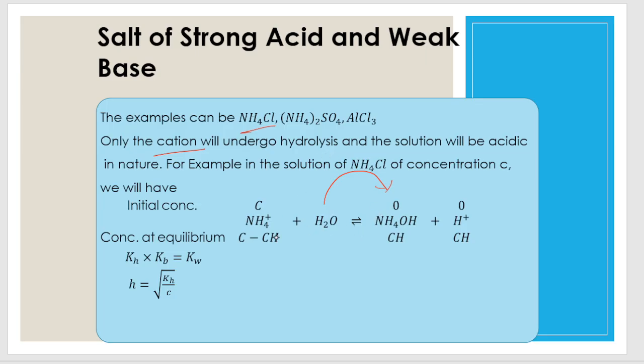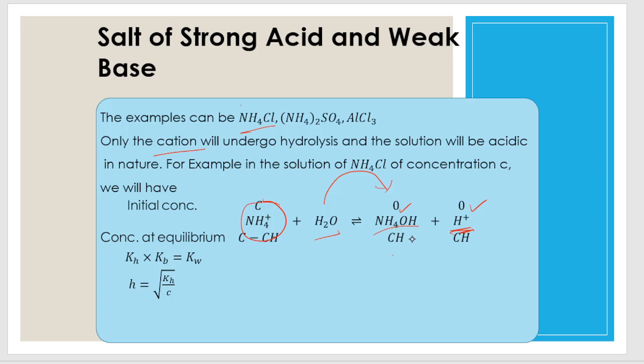Due to the reaction of the cation of NH4Cl with water, the resultant solution contains more H+ ions than the undissociated NH4OH. Because the NH4OH molecules are undissociated, there are no OH- ions in the solution.